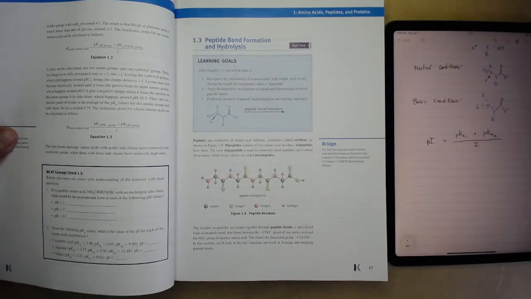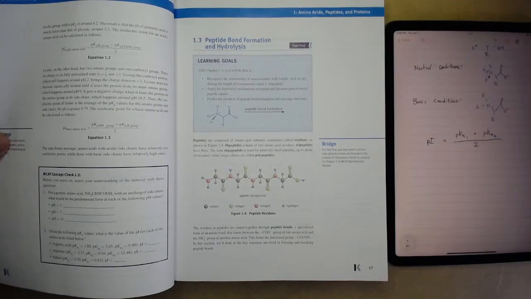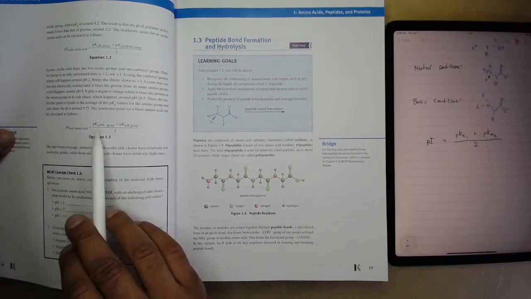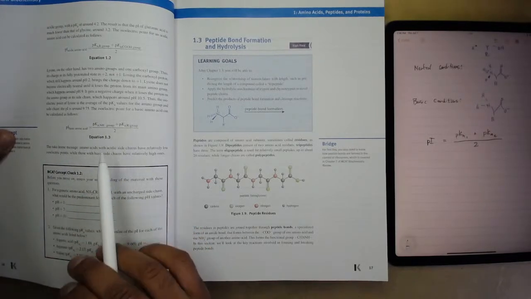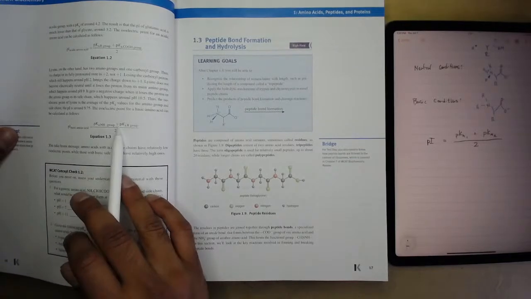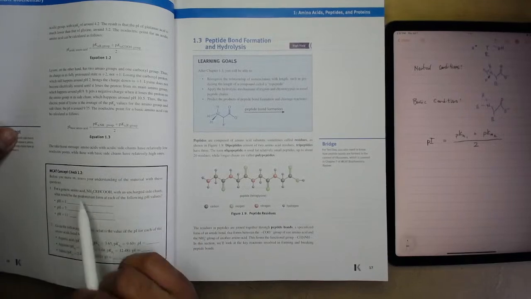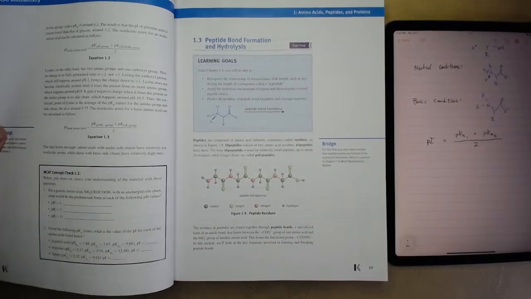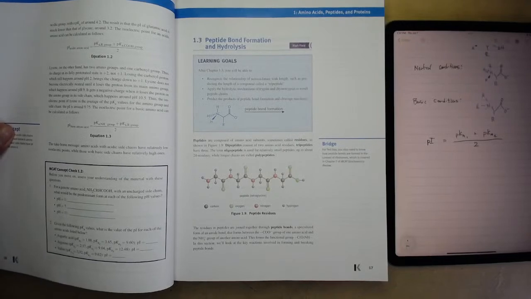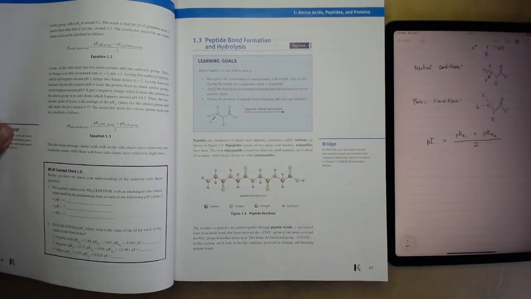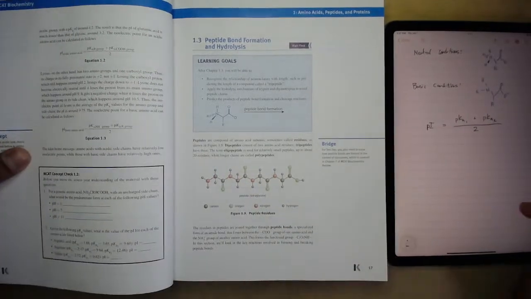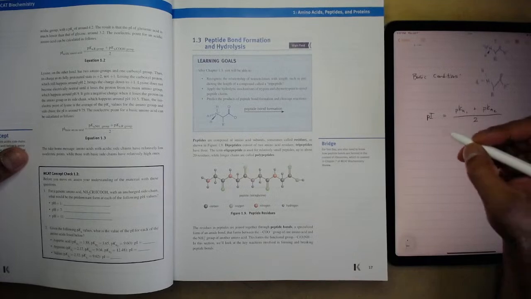So the isoelectric point for a basic amino acid can be calculated as follows. The pI equals the pKa of the R group plus the pKa of the amino group, divided by 2. The take-home message: amino acids with acidic side chains have relatively low isoelectric points, while those with basic side chains have relatively high isoelectric points. I like that summary. Let's write that down.